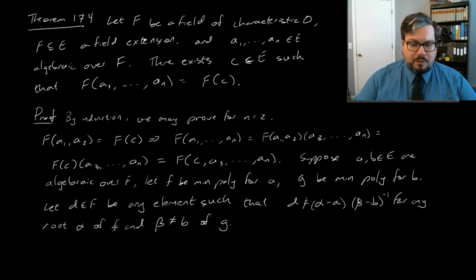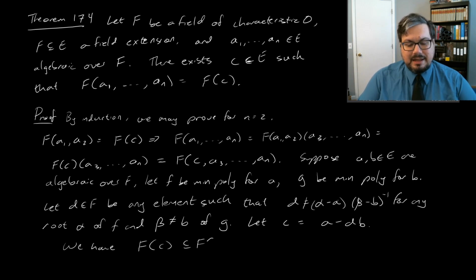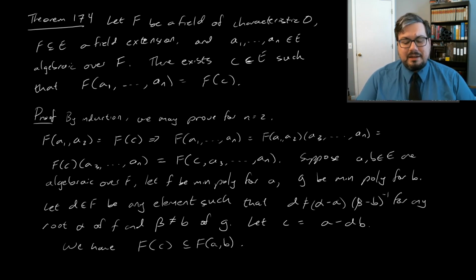All right, so we have all this, and let's let c equal a minus db. Now we have that clearly F(c) is contained in F(a, b), because if any field contains a and b and F, then it will necessarily contain a minus db, which we're taking to define c.